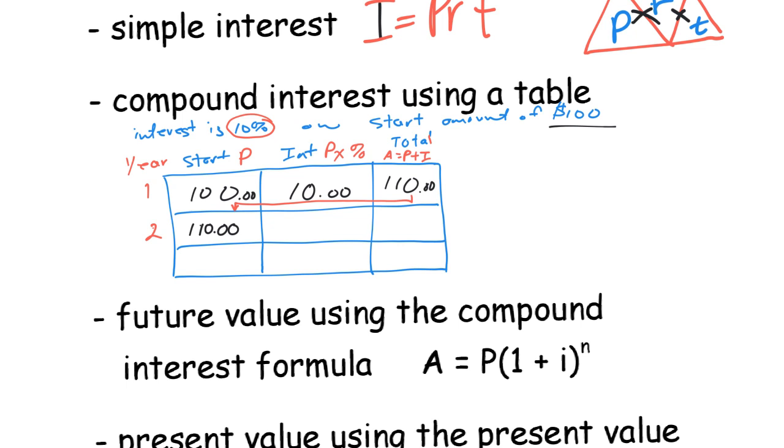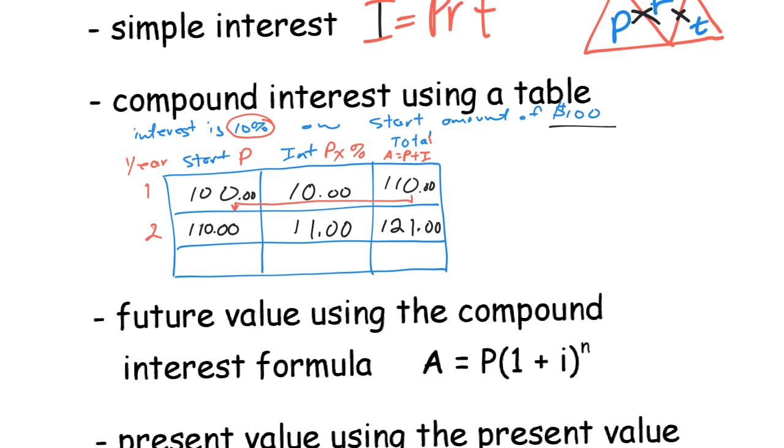So in this case, I'm going to have $11. So now I have to take $11 plus my $110 to get $121 for my total at the end of the year.